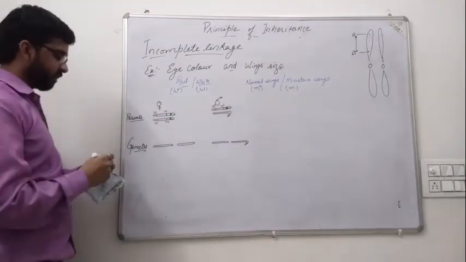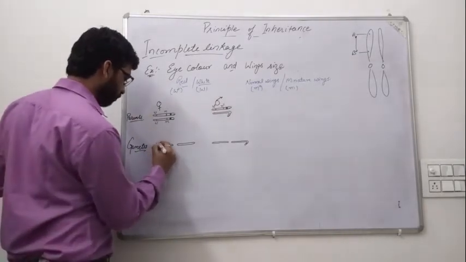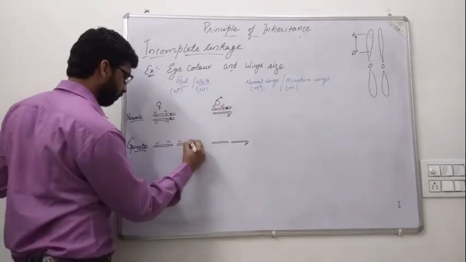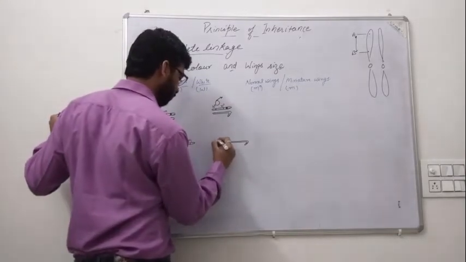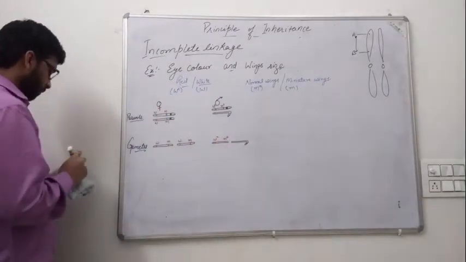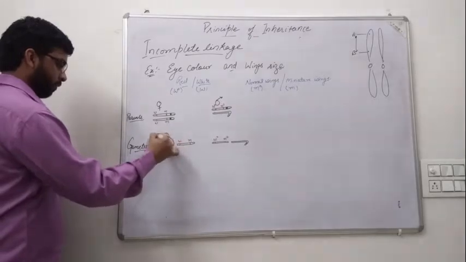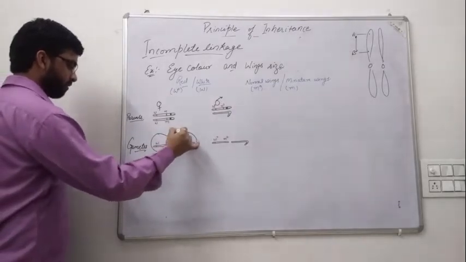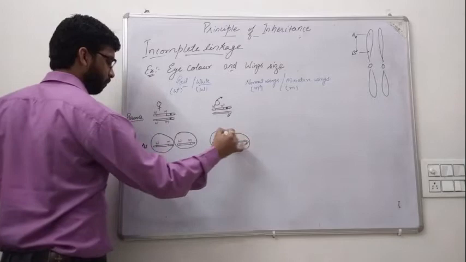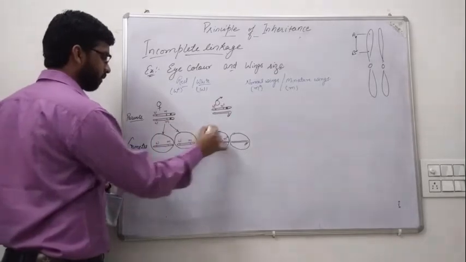We are not representing the centromere, we are just representing the genes on the chromosome. We represent the gamete with a rounded structure. Is that clear? These are the gametes.